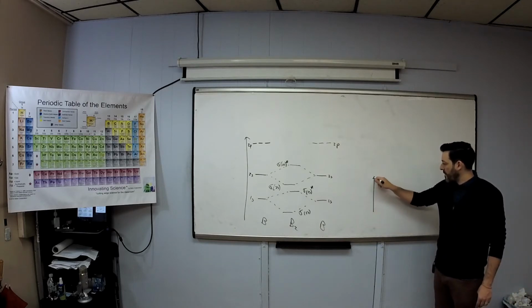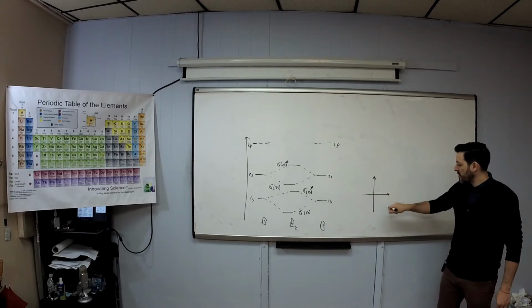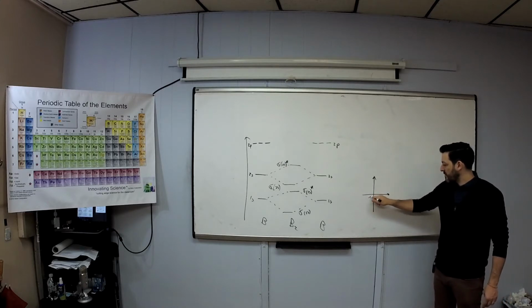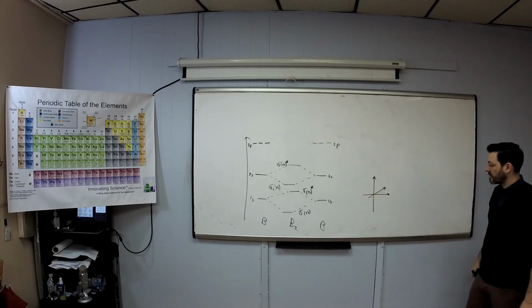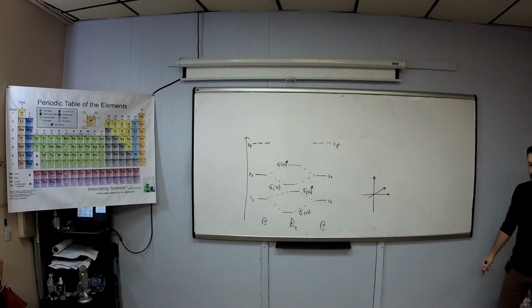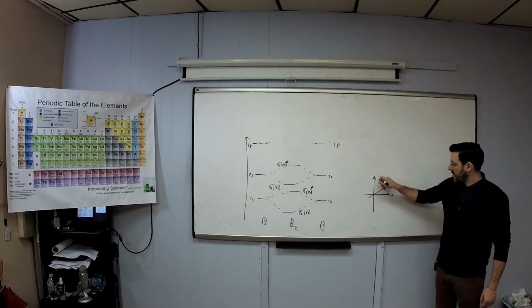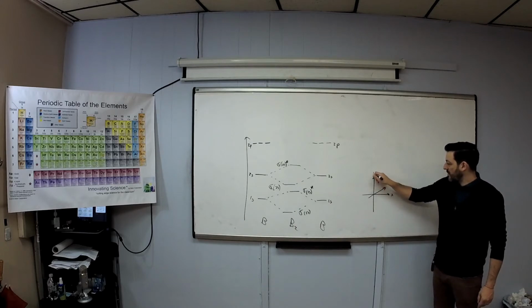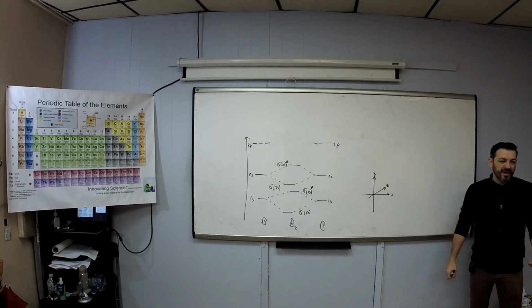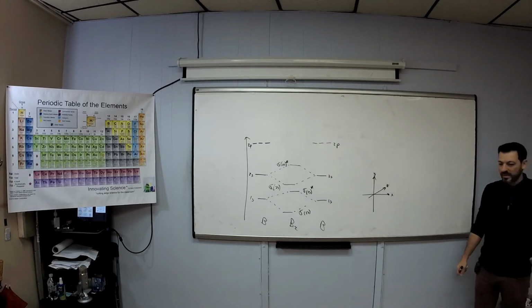So we have to imagine an XYZ Cartesian coordinate system, a three-dimensional one, where this is the positive x, up here is the positive y, and into the board is the z. It doesn't matter which way I show x, y, and z.